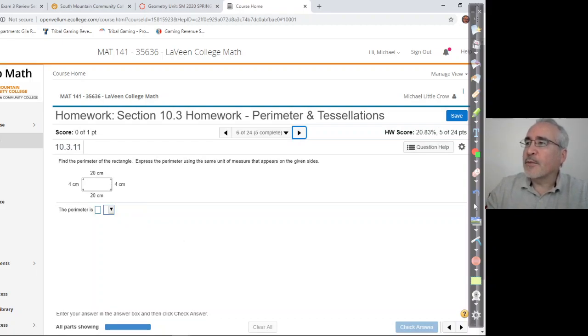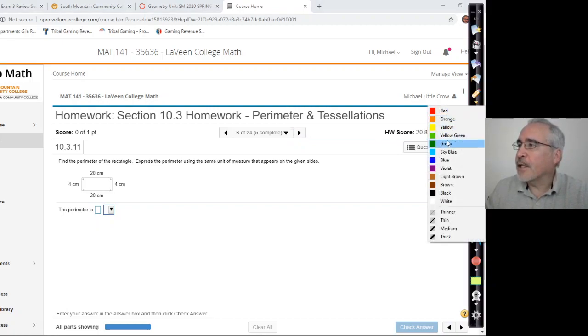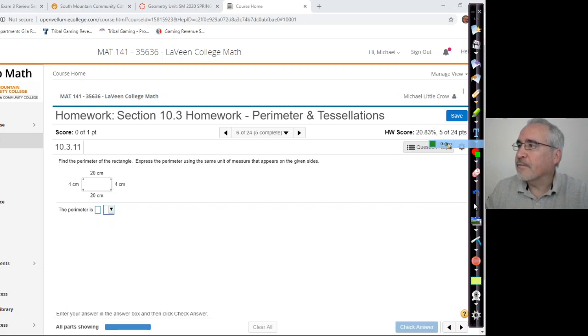So to get the perimeter of this rectangle, notice they give you all four sides. I'll get my pen working here. We'll go with green. So remember, perimeter is the little guy who's going to walk around the building.